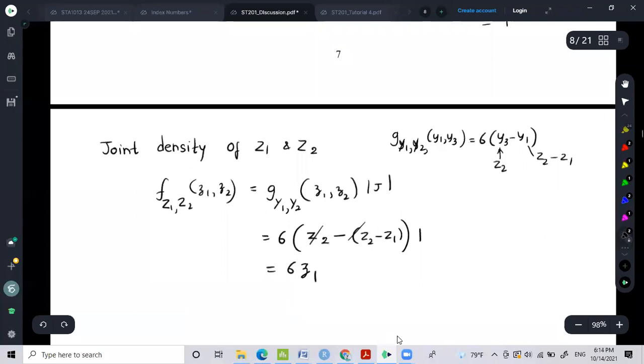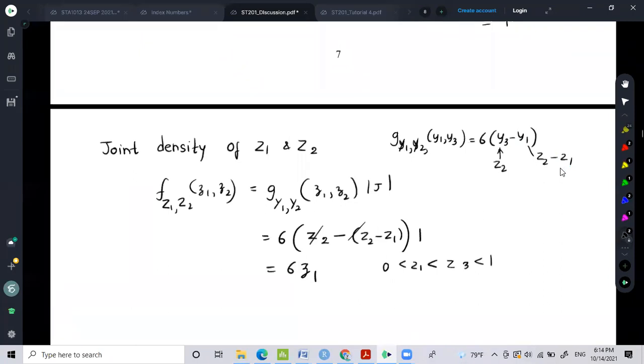Okay. And what is the support of this? Because Z2 is Y3 and Y1 is Z2 minus Z1, if you do the inequalities one by one, you will see that it is going to be 0 and 1 in between Z1 and Z2. Now I did a similar one in the previous examples, how to find the support of this joint density.